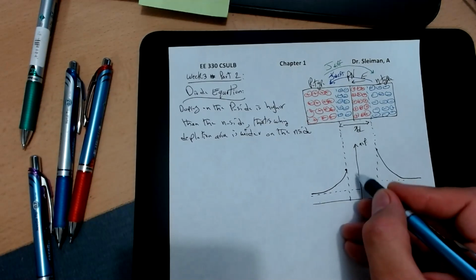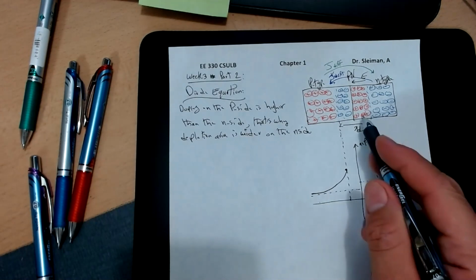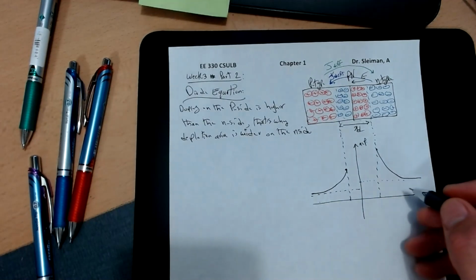And the difference here in the width is because of the depletion region width.